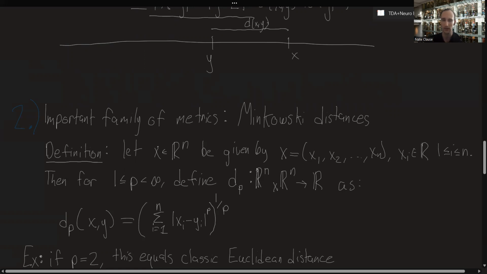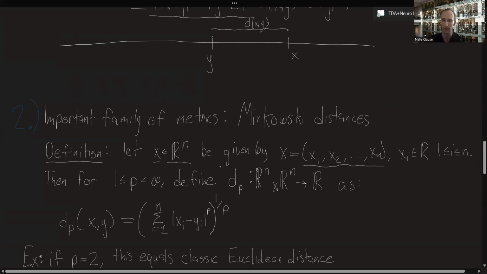So this family of metrics is defined as follows. It's going to be a metric on n-dimensional Euclidean space. For a point x in R^n, we write it out coordinate-wise with coordinates x1 through xn, where each coordinate x sub i is a real number.